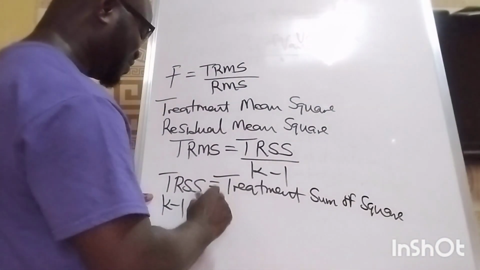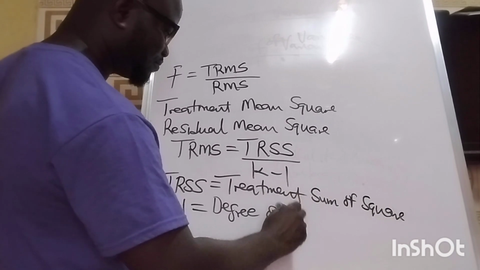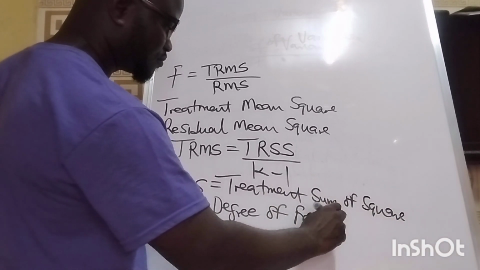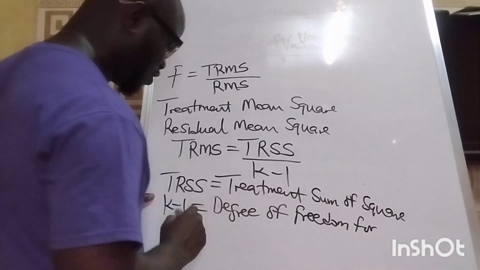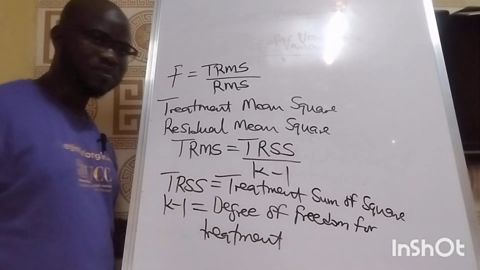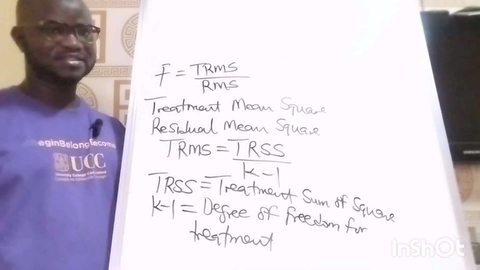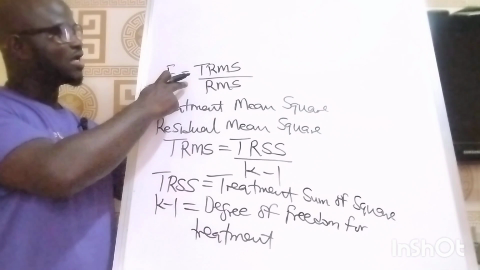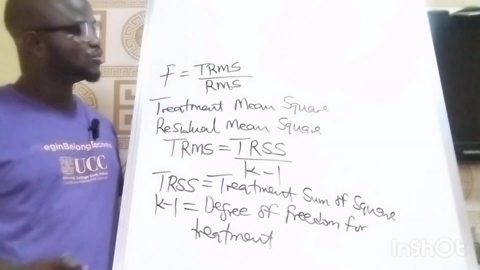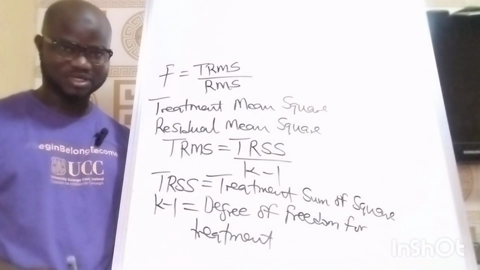That is the calculation for F test: F equal to treatment mean square divided by residual mean square.